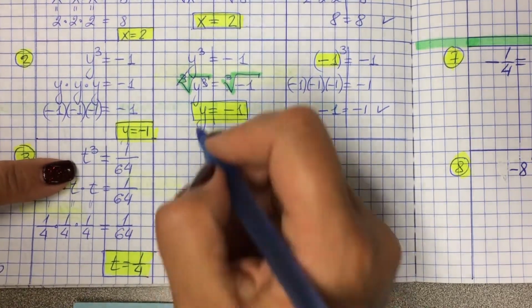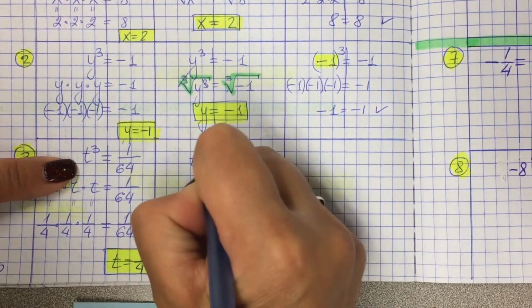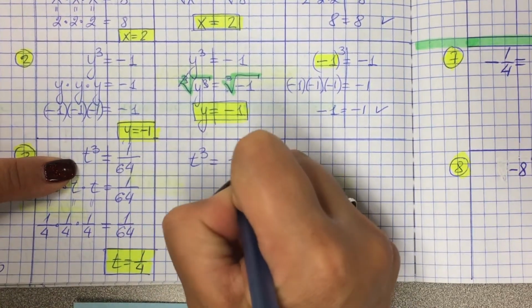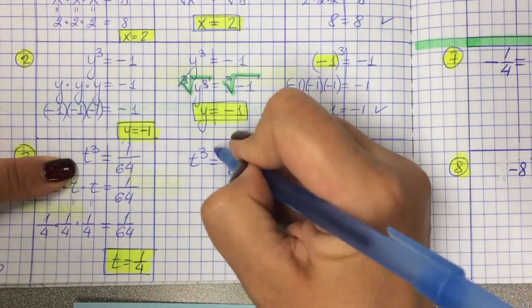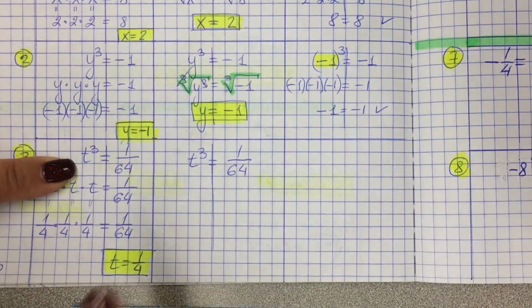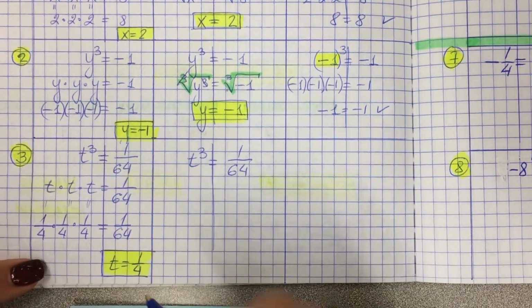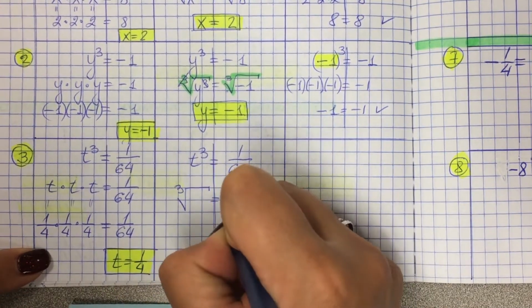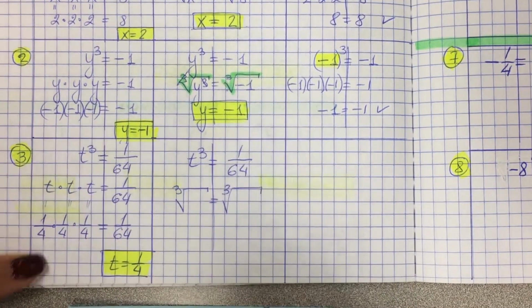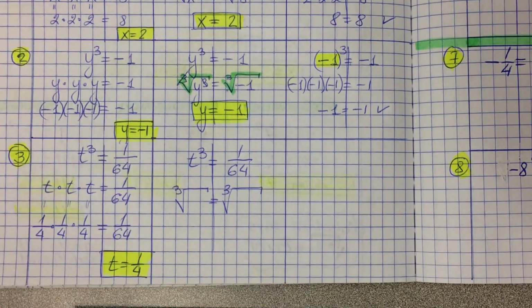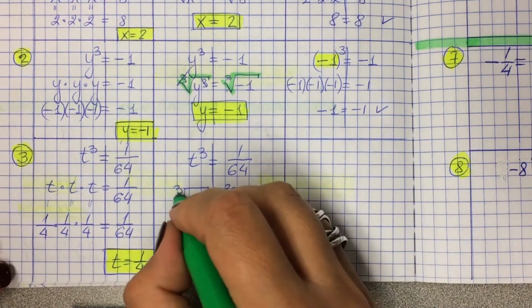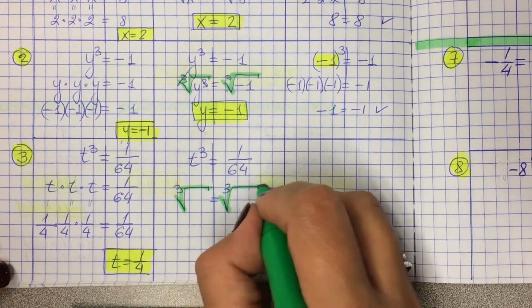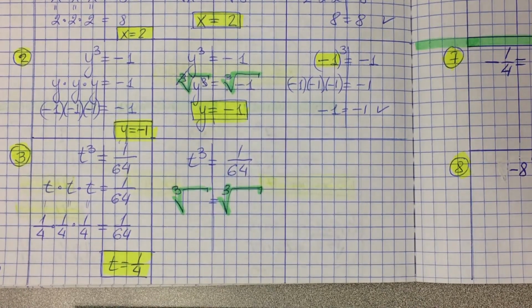The same equation, t to the third power equals 1 over 64. We're going to use inverse operations to solve. Cube and cube root are inverse operations, so I'm going to use the cube root on both sides. The cube root of t cubed and the cube root of 1 over 64.